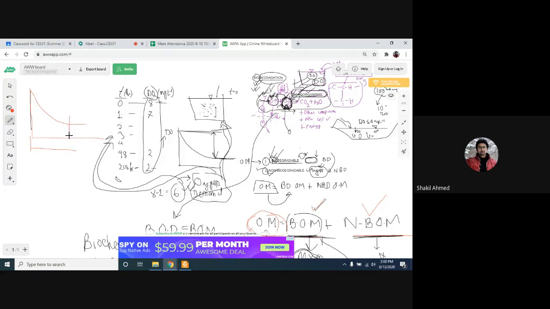After 5 days, the curve gets flattened, and after that you don't need to measure the value, because after this it may be 2, or 1, anything. So it does not decrease further. So these microorganisms take 5 days to oxidize the organic matter. Are you following me?